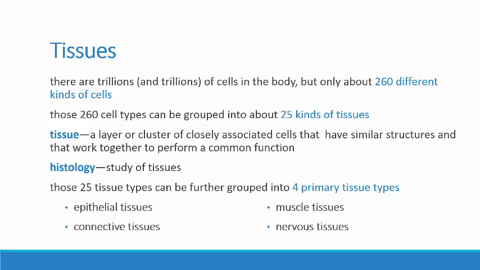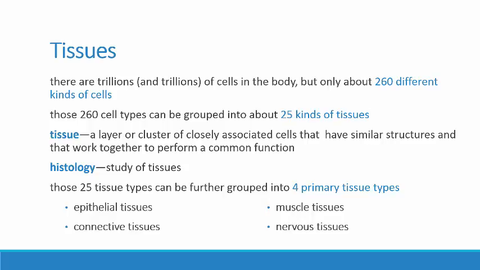And we could further clump together all these 260 buckets that we have into about 25 different tissue types. And so that's our job in this chapter, is to understand what's going on with each of those different tissue types. So what is a tissue? Well, it's either a layer, a sheet of cells, or a cluster, a clump, a wad of cells that are closely associated.